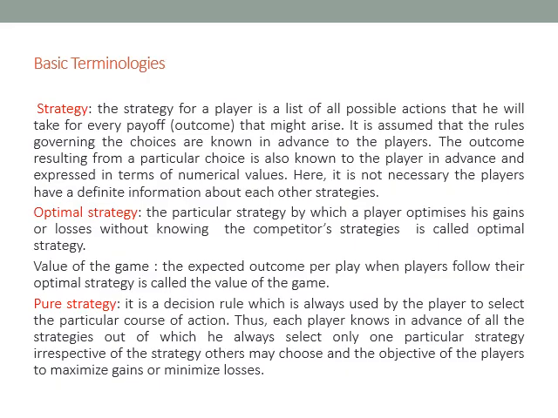Thus, each player knows in advance all the strategies, out of which he always selects only one particular strategy, irrespective of the strategy of other players. The objective of the players is to maximize gains or minimize losses.